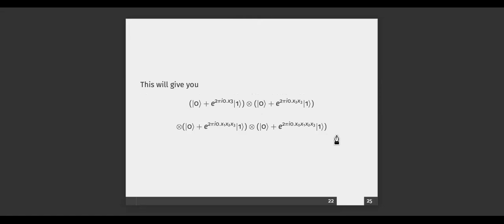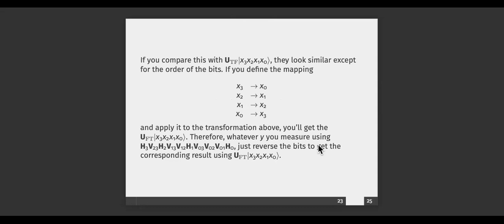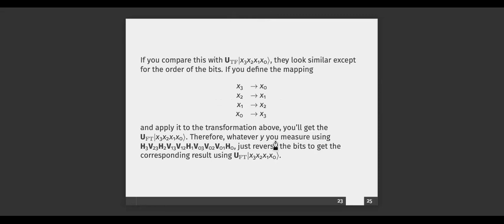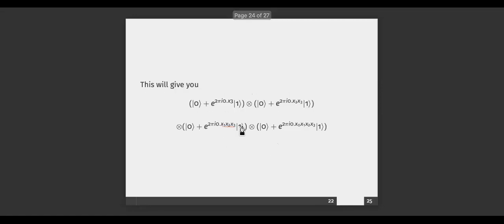As you can see, if you compare this, look at the ordering of the bits. Here we have x3, x2, x1, x0, and if you do this, you get this.